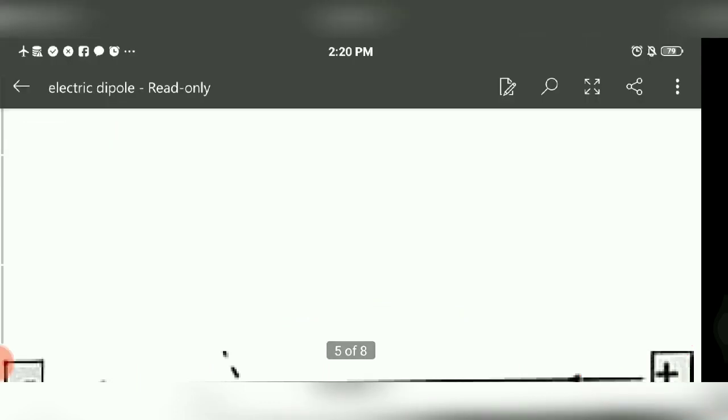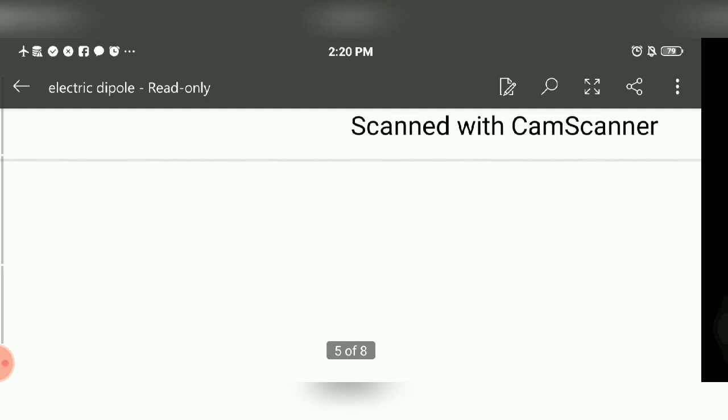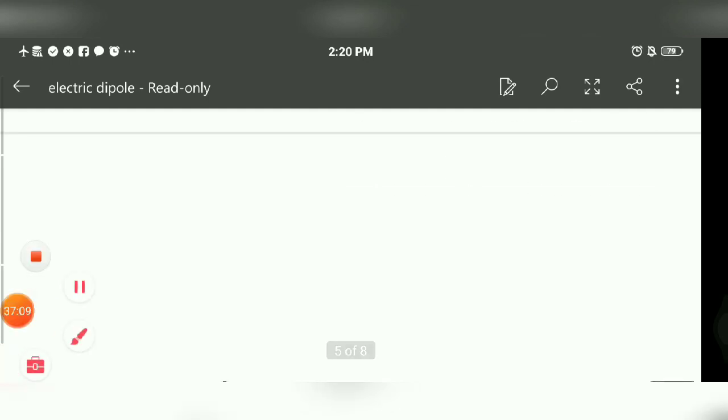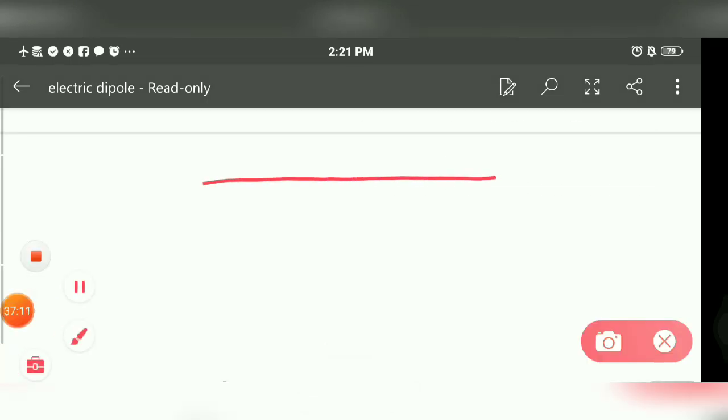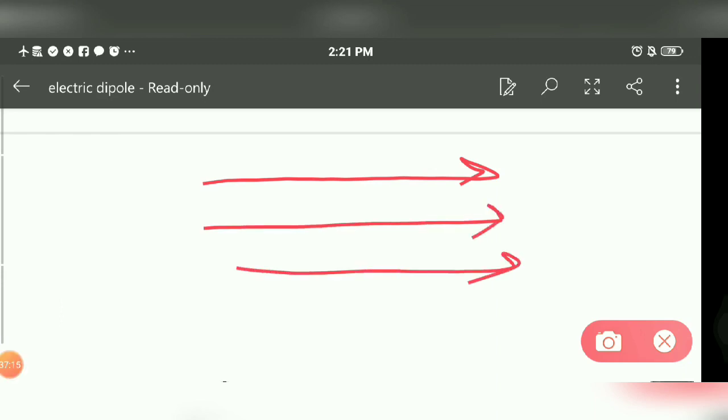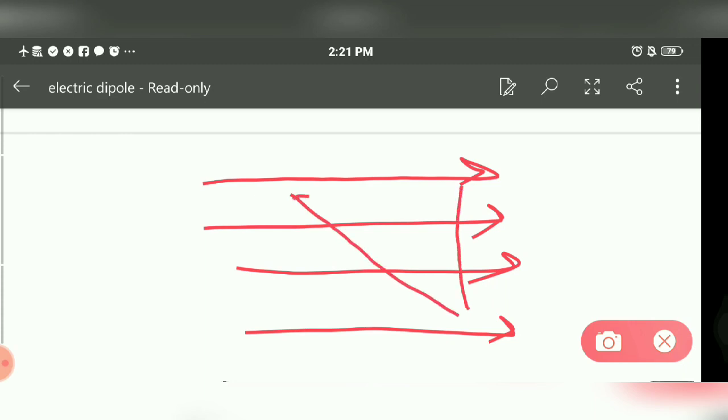We have to find this perpendicular distance. To find it, we know this is 90 degrees.